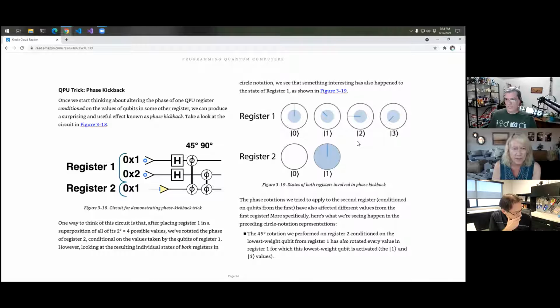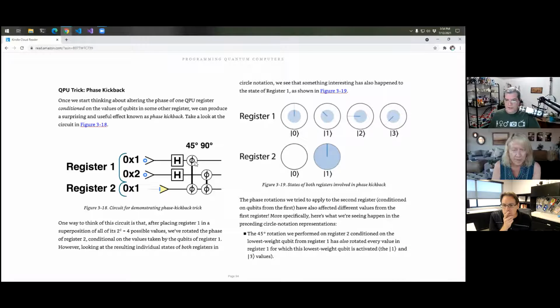register action in English. Examine the register, the qubits, the phases of the qubits in register 1, and if something, then rotate them 45 degrees. But what is the something?